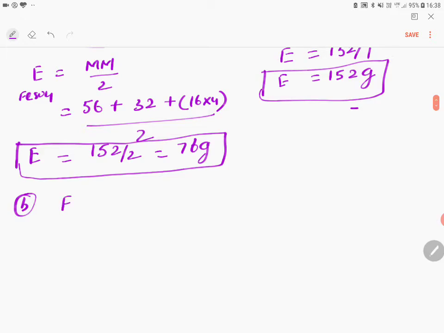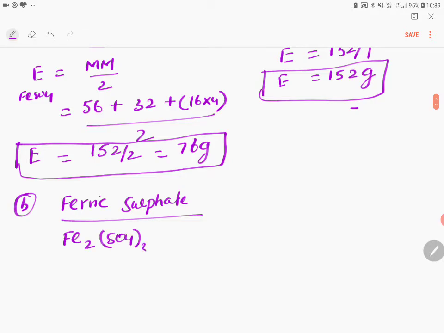Now, we have to take ferric sulfate. The question is, like ferrous sulfate, can ferric sulfate behave both as an oxidizing agent as well as a reducing agent? In ferric sulfate, the formula is Fe2(SO4)3, which means ferric ion is having the oxidation state of 3 plus.